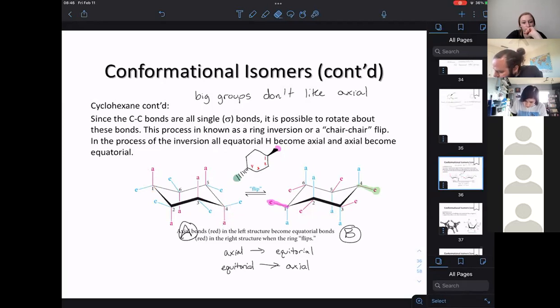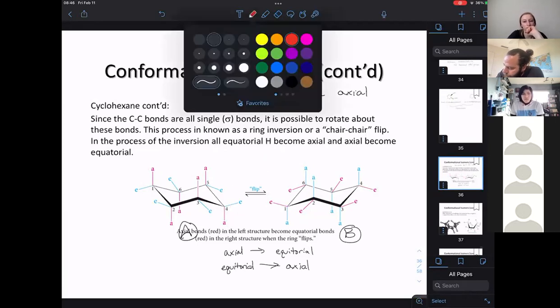So I'm going to put down a cyclohexane conformation or stereoisomer.